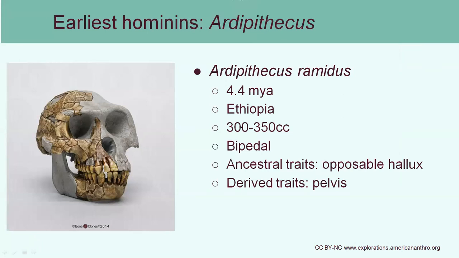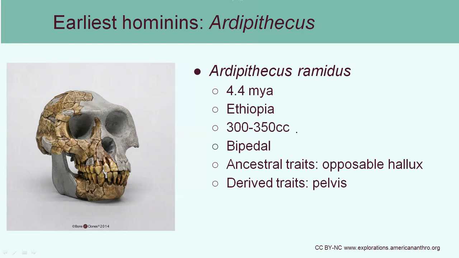Okay, so Ardipithecus. Now, Ardipithecus is about 4.5 million years ago, still small brain, so 300 to 350 cubic centimeters, but this one was evidence of bipedal. So this is even older of a fossil than Lucy was. What often happens with scientific evidence is that more data is collected over time.